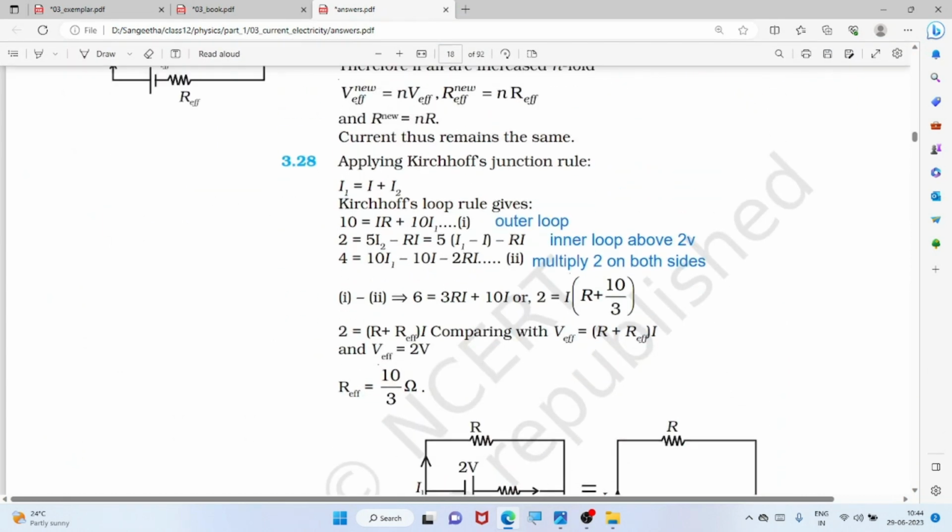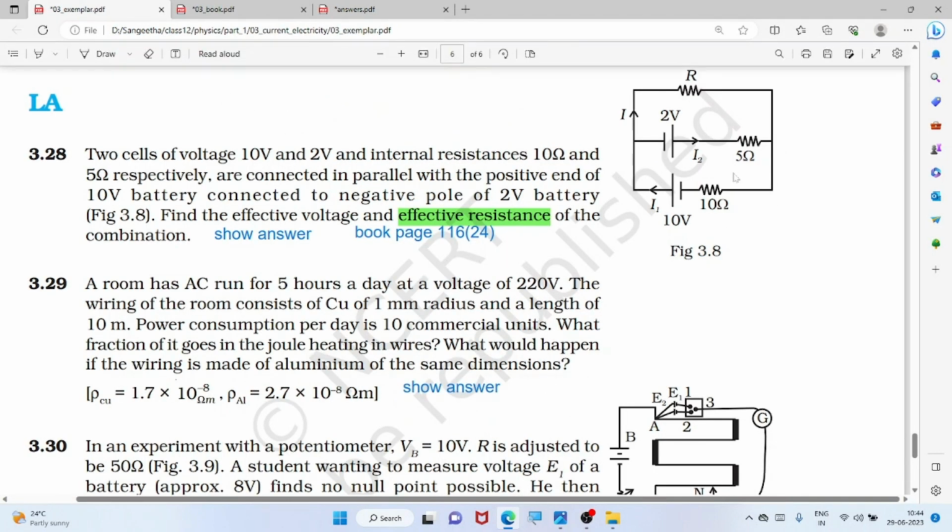Okay, they have taken two loops, the outer loop here and this inner loop.